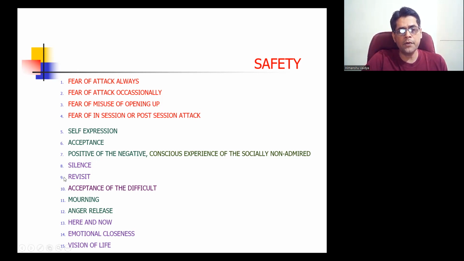Then we take the person to revisit difficult things which were not safe to revisit before. Support the person to accept the difficult as difficult, but the difficult is not catastrophic. Help the person with more difficult feelings, sadness particularly, so that you don't feel unsafe as the sadness starts coming up to consciousness.